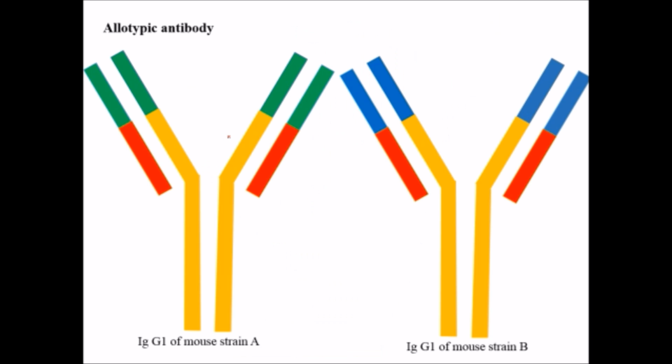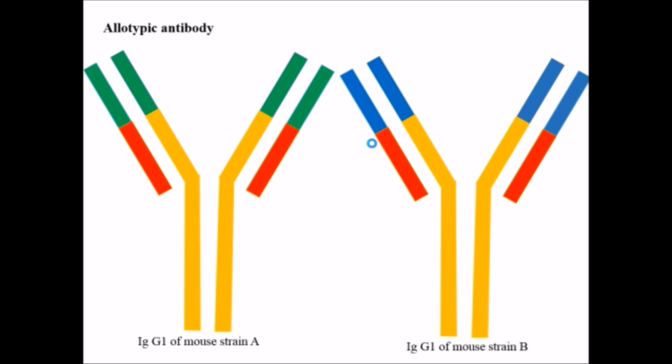Now move to the second antibody, which is the allotypic antibody. In this, if you see, the variable region is different in the two. Although the immunoglobulin is the same, immunoglobulin G1 and G1, in different strains of mouse, A and B, this region will be different.